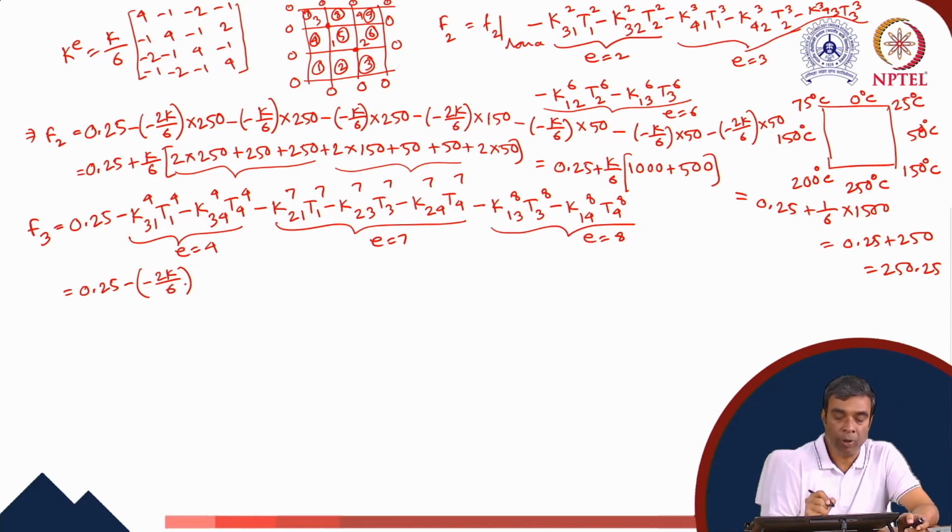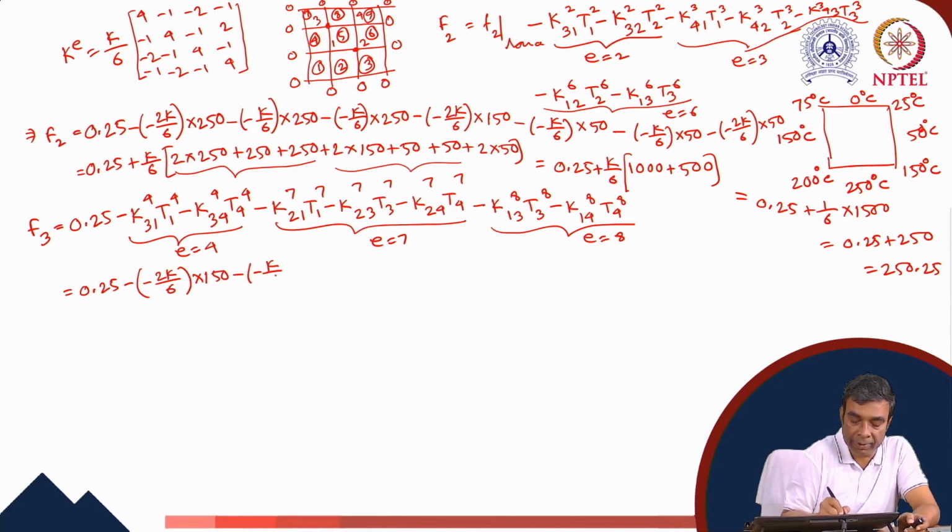Now T14, for the 4th element, first local node, it lies on the left wall. So temperature is 150 degrees centigrade. K344 T44. K344 is minus K by 6. So this is minus K by 6 into T44. T44 also rests on the left wall.